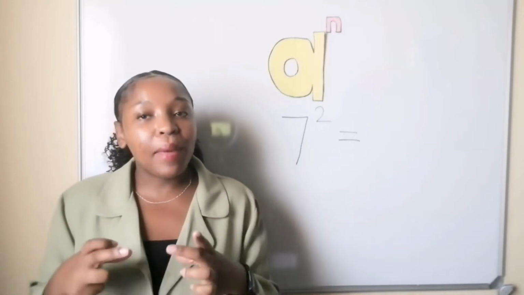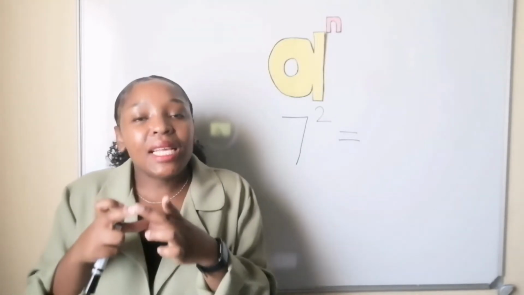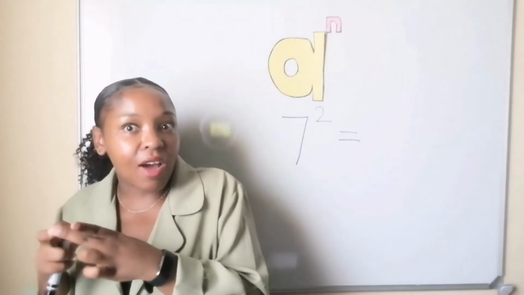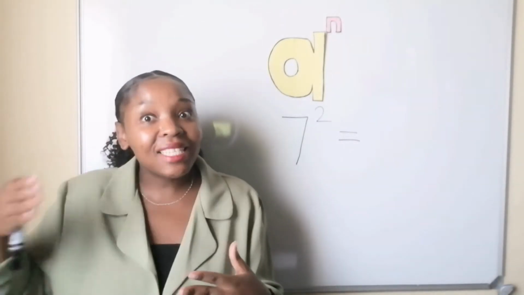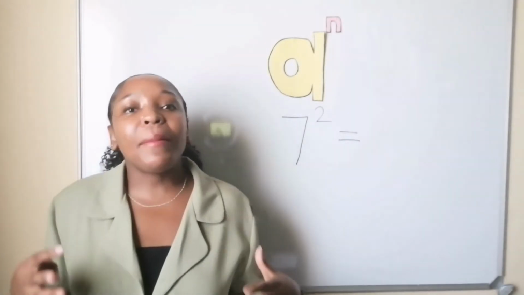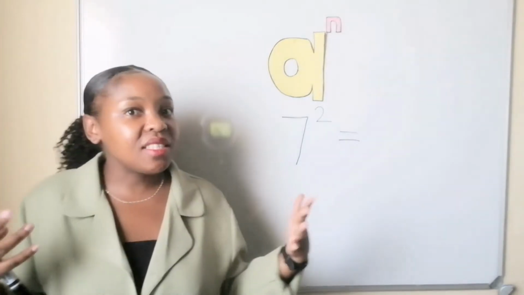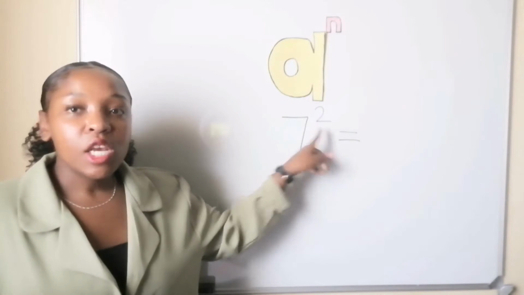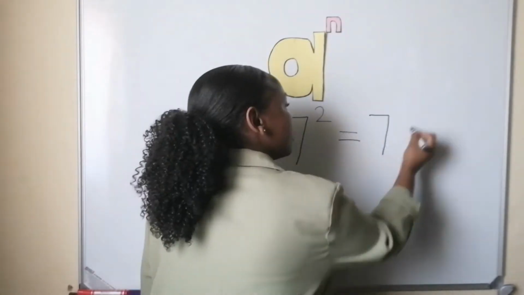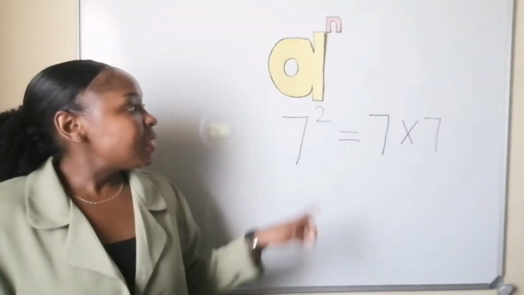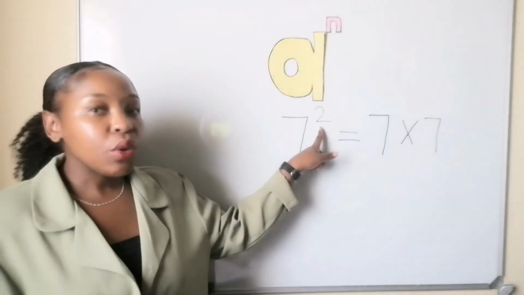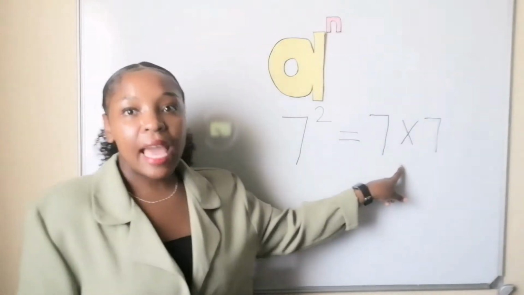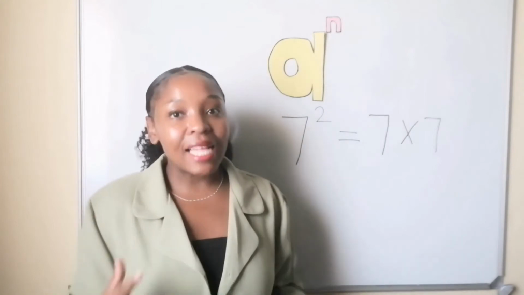The exponent basically tells us how many times we need to write out that 7. We'd need to write out the 7 2 times. So let's write that down. 7 raised to the power of 2 is equal to 7 times 7. So that's what it means.